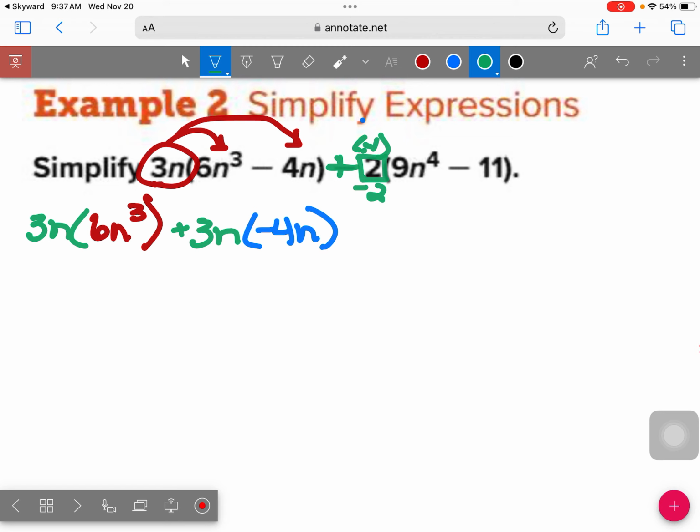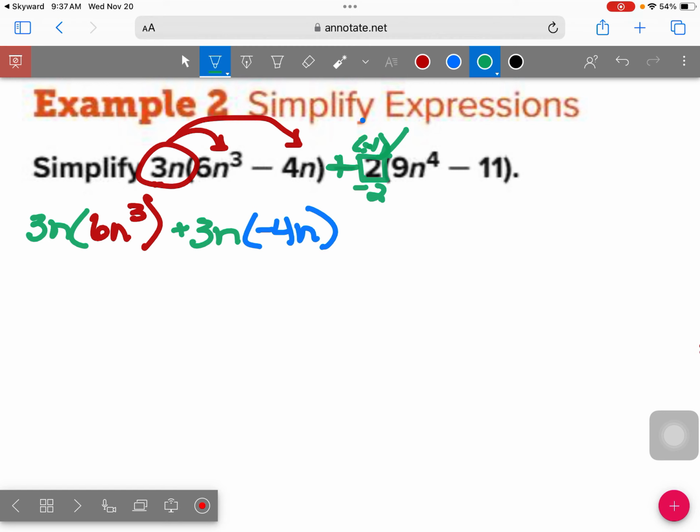Okay? So before, we took -1 and changed the sign of everything inside. Same type of deal, only since I have this number out front, I'm going to change that number. And since that number is distributed, it's going to end up changing all of them.